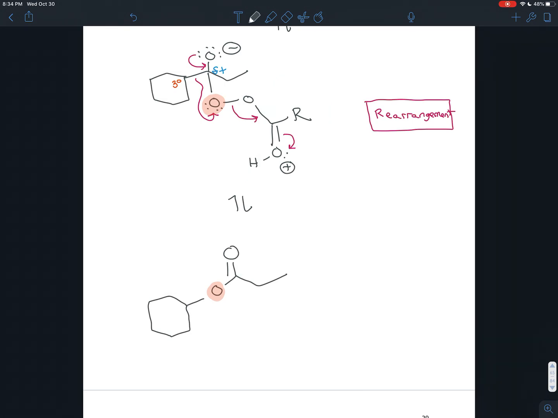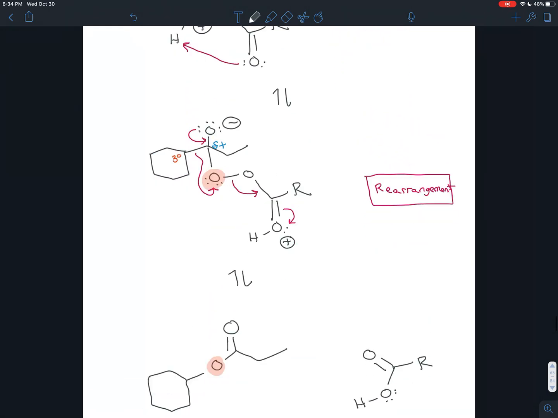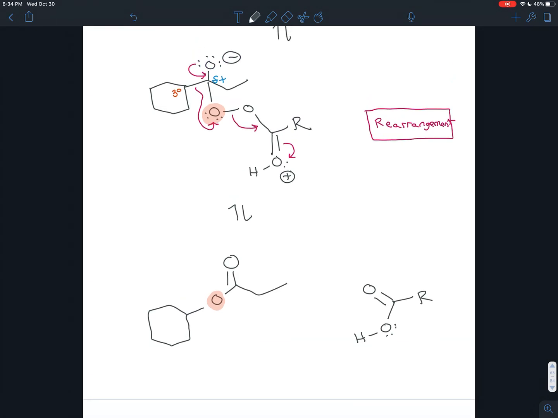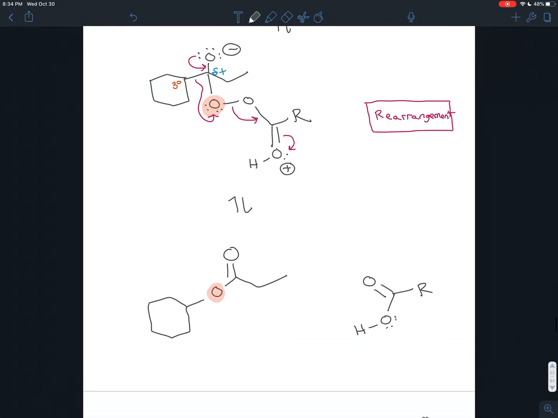And notice, the rest of this is not the most important thing, but what does end up happening is you get a carboxylic acid, just a normal one. You'll recognize that that is just a regular carboxylic acid. It's not a peroxy acid. And so that is the mechanism for this particular Baeyer-Villiger oxidation.